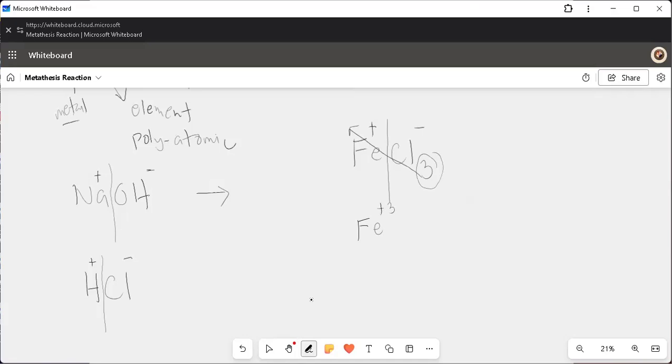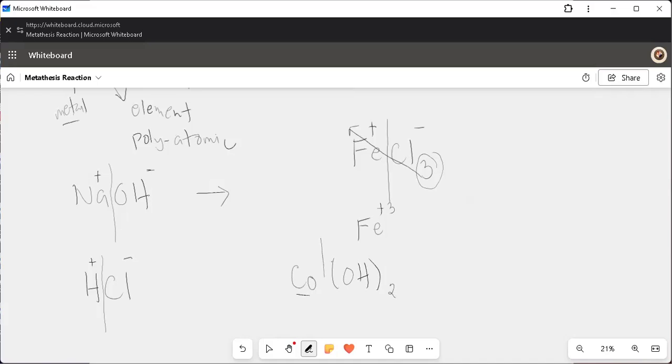Again, for example, you have cobalt, OH, and this is cobalt 2.